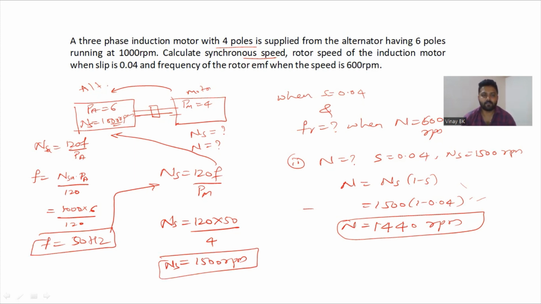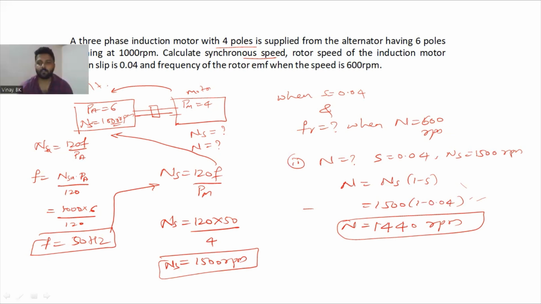At last, they asked you to find the frequency of rotor current when speed is 600 rpm.